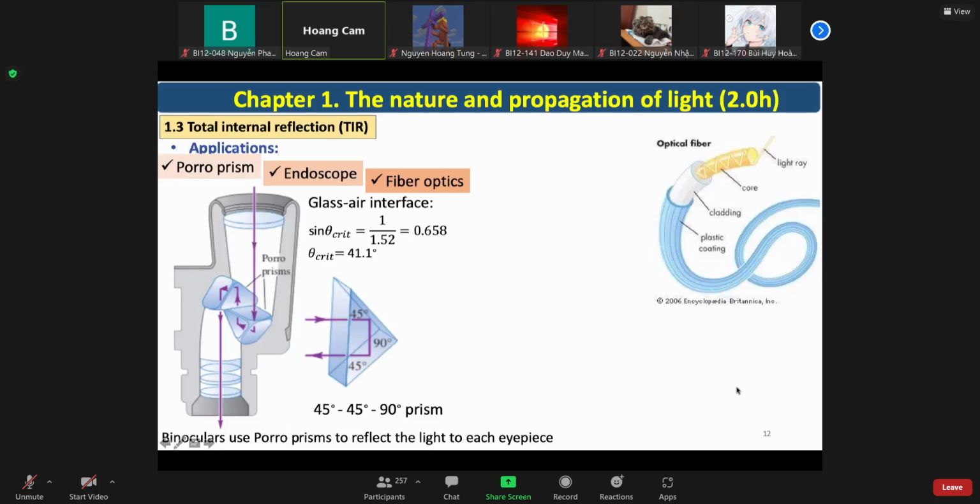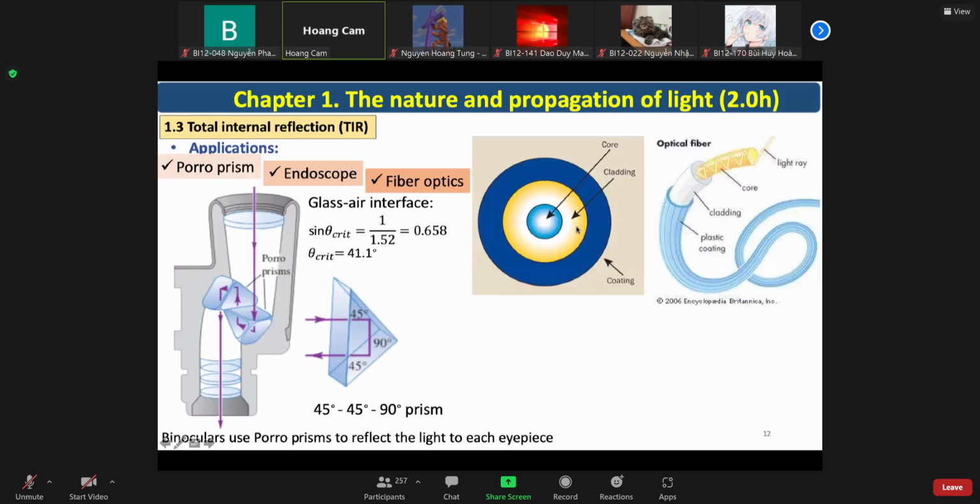Here I show you the size, because you will wonder what is the size of the optical fiber. Here is a cross section of the optical fiber. In the central part is the core, then you have the cladding part, and finally the coating. The plastic coating is to protect the core and the cladding part of the optical fiber.